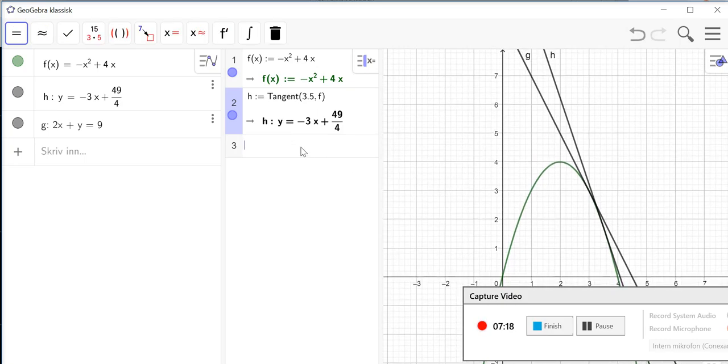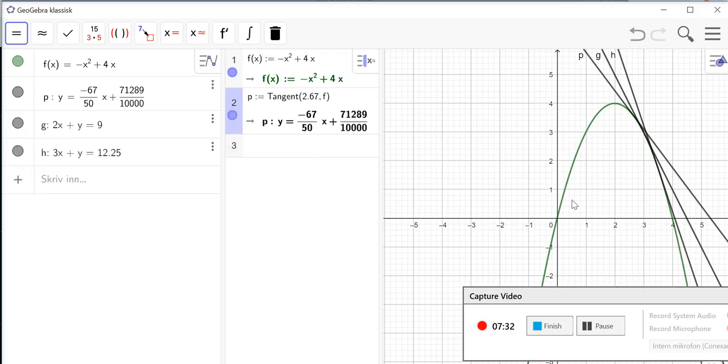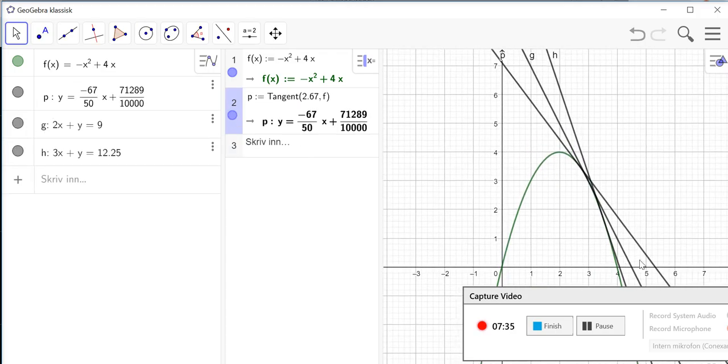But if I want to minimize the area of this triangle, I found in the exercise that a has to be 2.67. The x-coordinate of the tangent point has to be 2.67. Then I get this line here, the last one, and this will be the triangle with the least area.